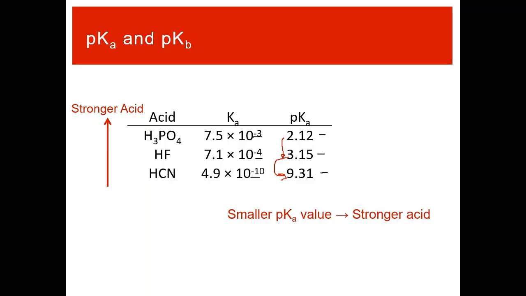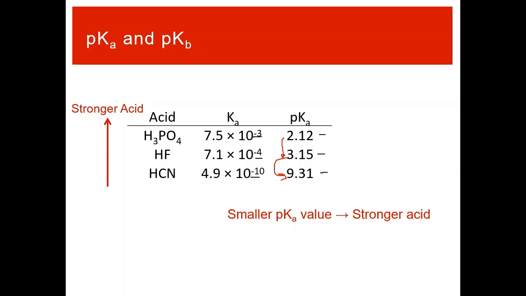A lot of times when we're talking about them, especially if you only want to compare acid strength, it's much more common to see pKas as opposed to Kas. Now, functionally, when you're working equilibrium problems and actually determining pH, you do need to use the Ka value because that's the equilibrium constant.